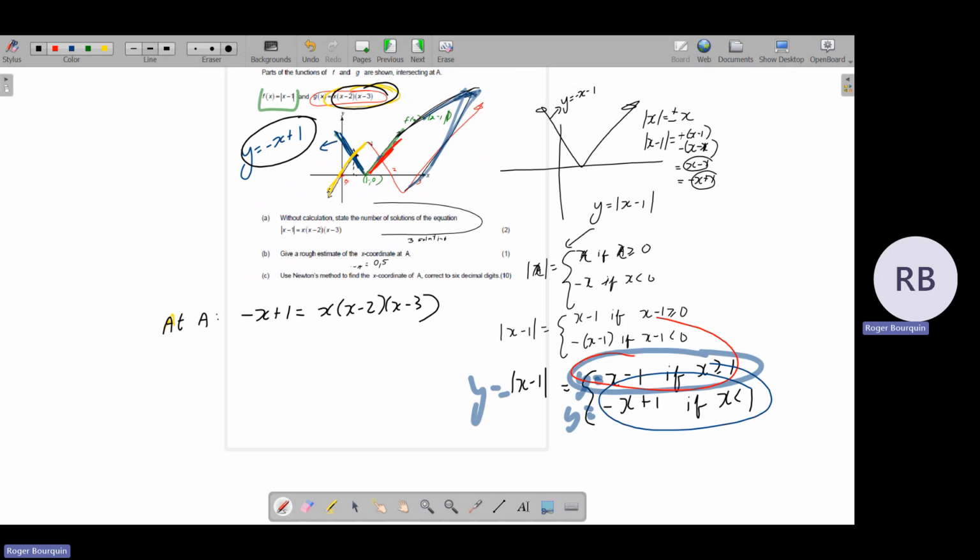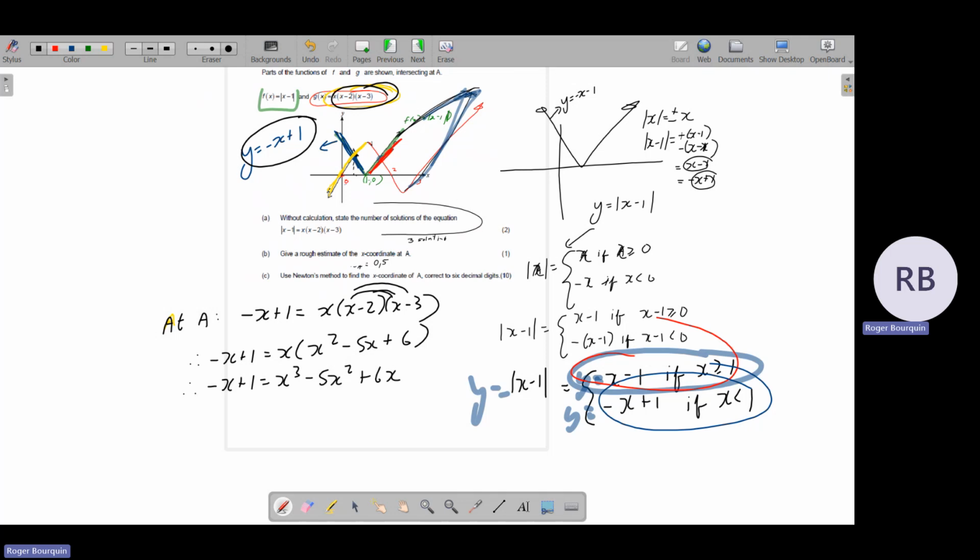Okay? So you're going to have to multiply it out. You're going to get negative x plus 1 is equal to x, x squared minus 3x minus 2x plus 6. So negative x plus 1 is equal to x cubed minus 5x squared plus 6x.